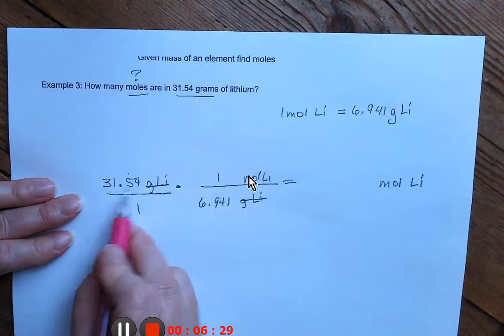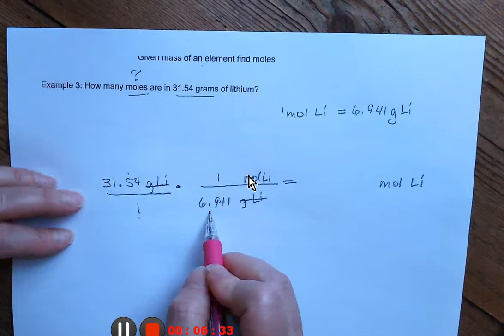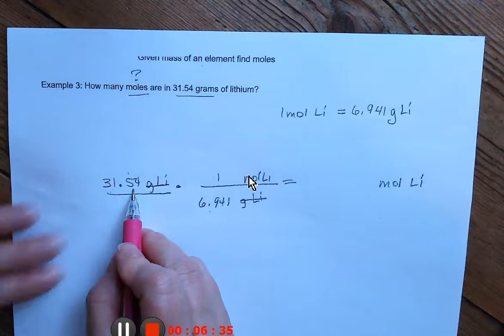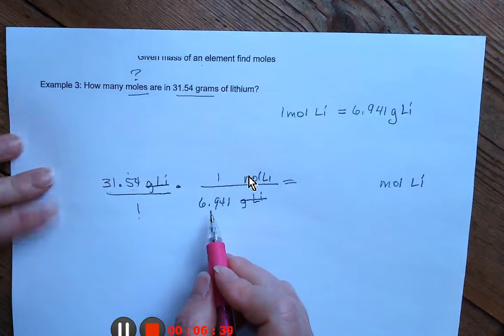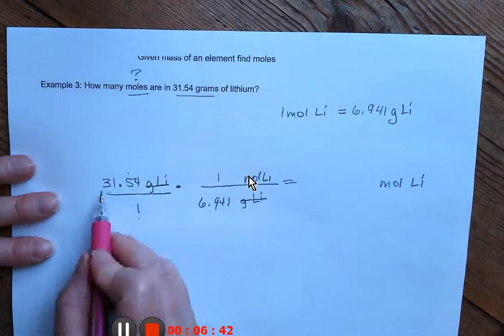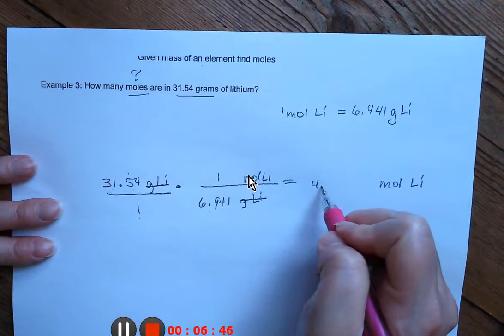This is just simply 31.54 times 1 divided by 1 times 6.94. And so it's really just 31.54 divided by 6.94. And following significant figure rounding rules, I have 4 significant digits. So my final answer should only have 4 significant digits.